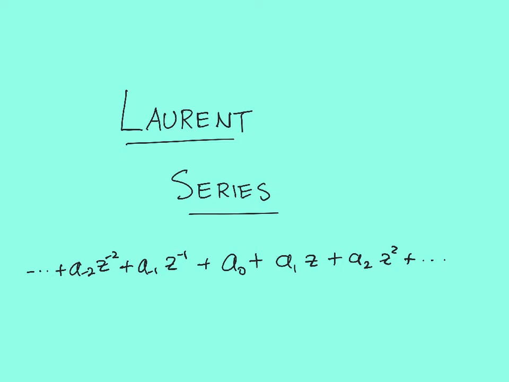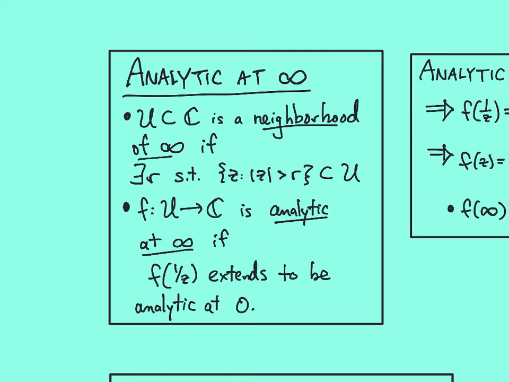The chief tool that we'll use is a version of the Cauchy integral formula for annuli. Before we get into Laurent series, it helps to talk about the notion of being analytic at infinity. And before we even do that, it's worth talking about a neighborhood of infinity.